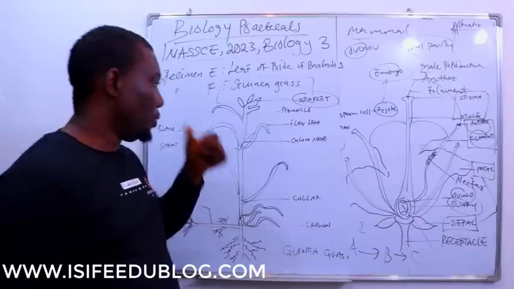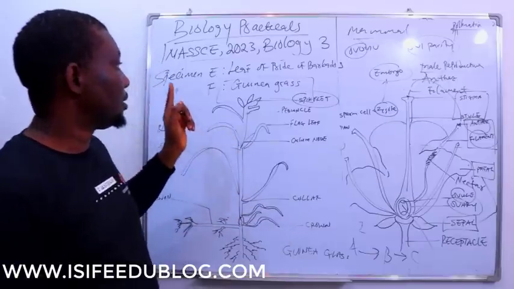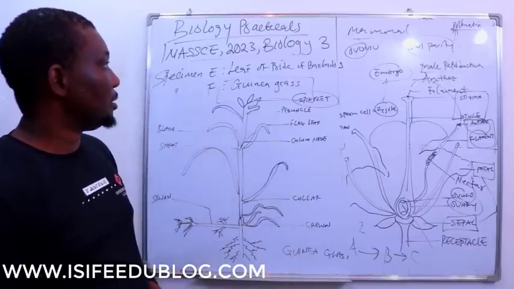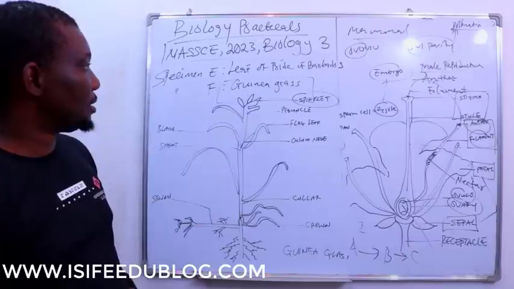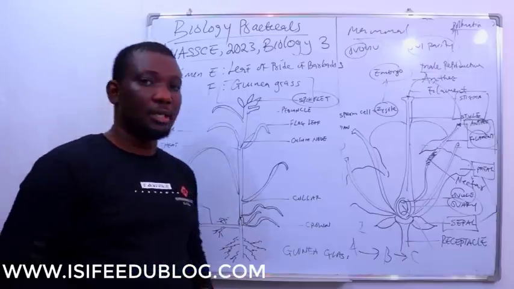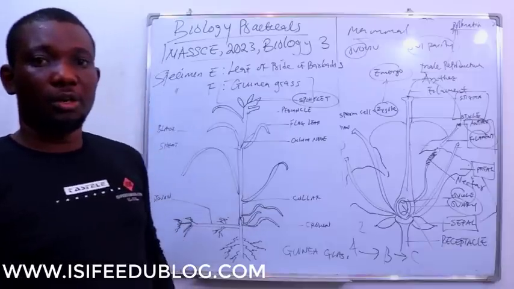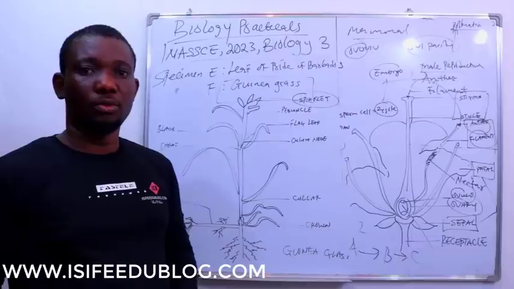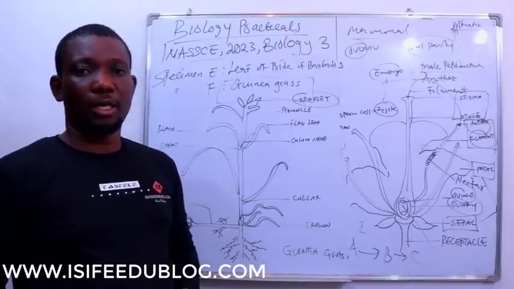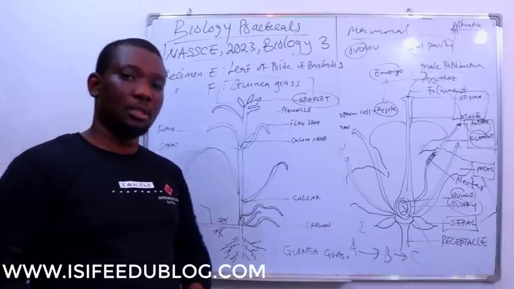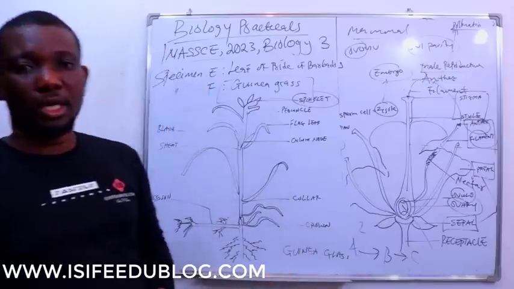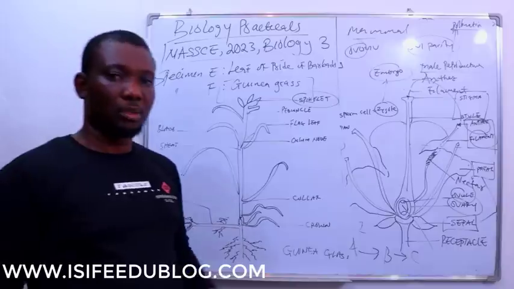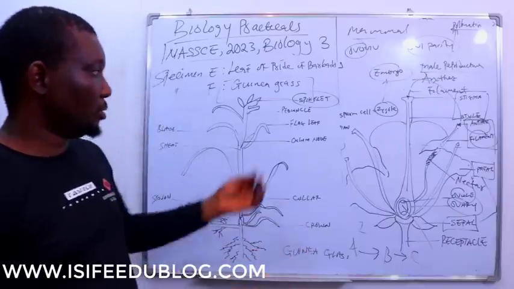One thing you must take home from this specimen is that it acts as food for ruminants, or grazing animals such as cows, rabbits, and so on and so forth.